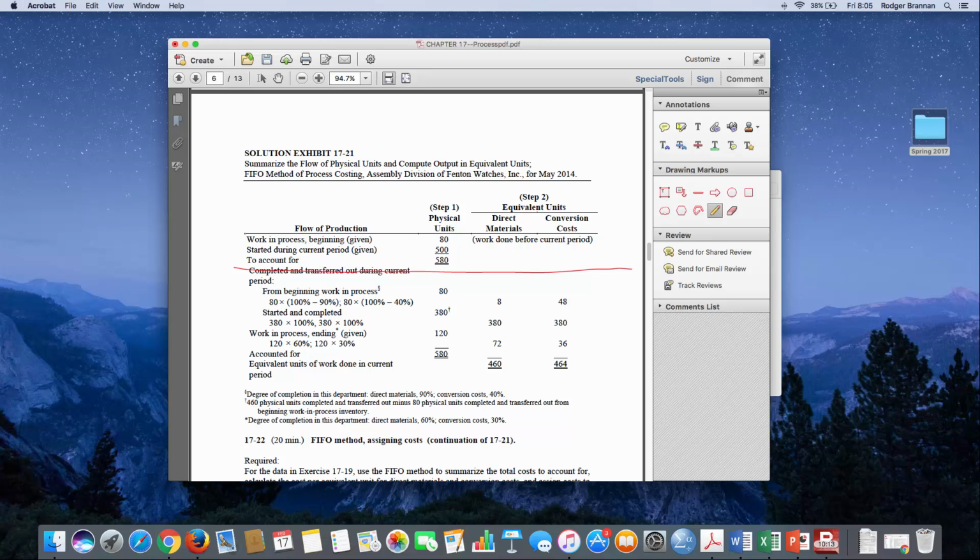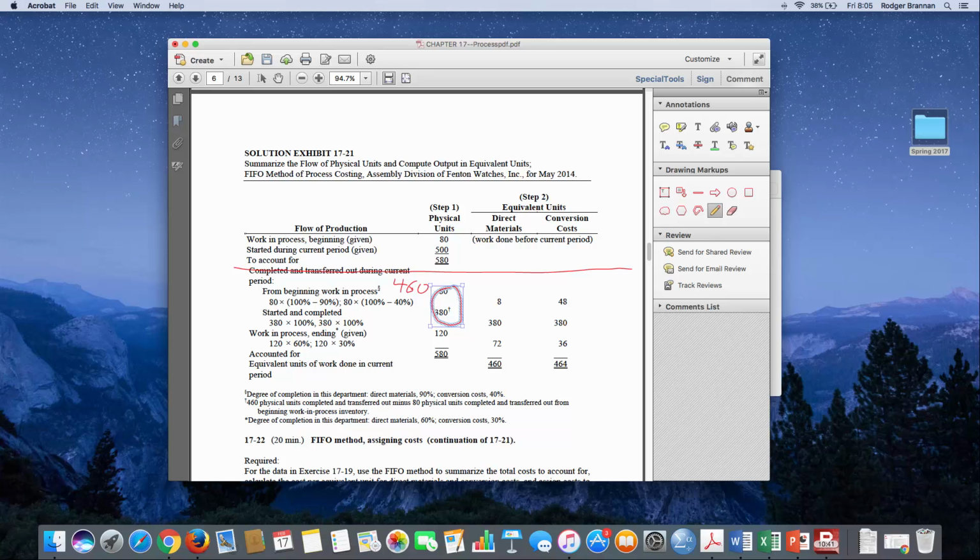So assuming that we've done step number one, account for the physical units, now I need to make this distinction here. All the 460 units that were sent over to finished goods, I need to make a distinction here, and that is, 80 of them were in beginning inventory.